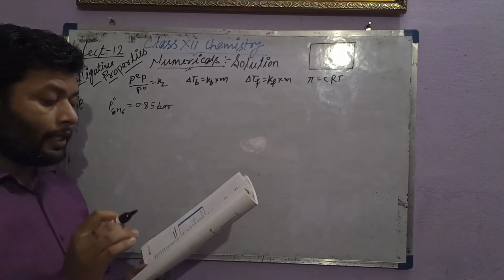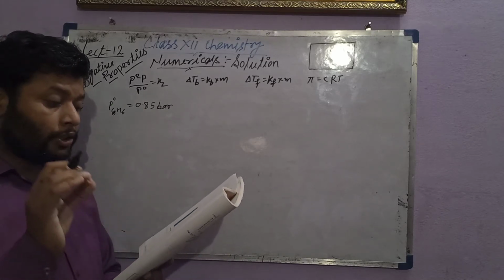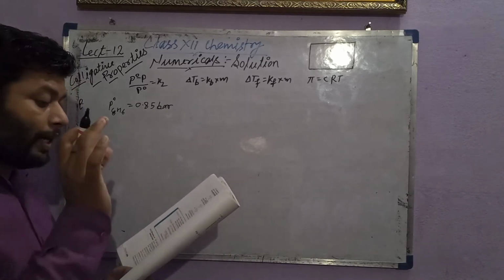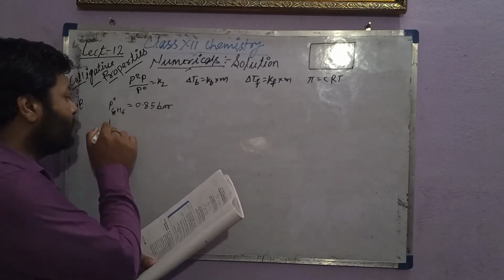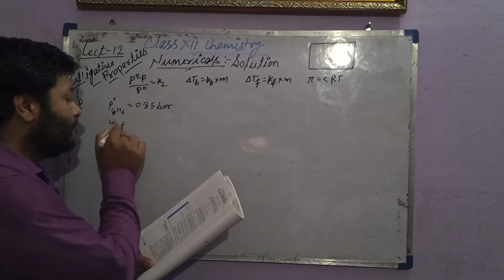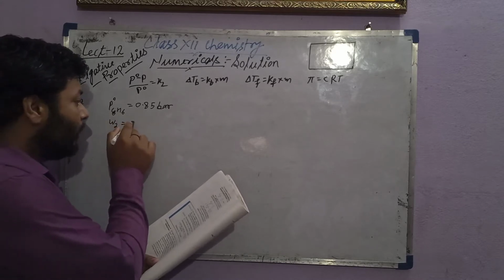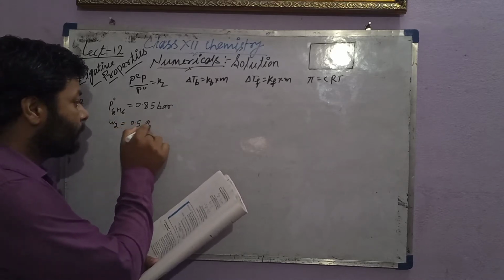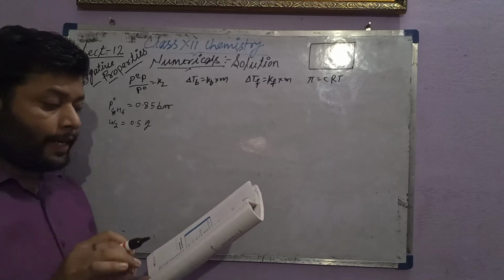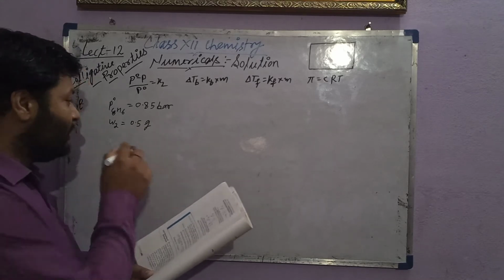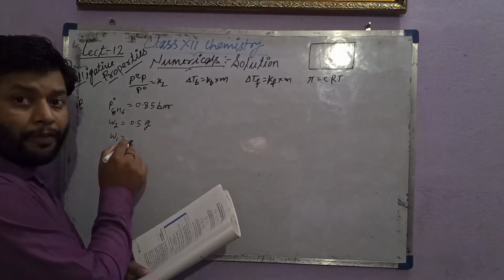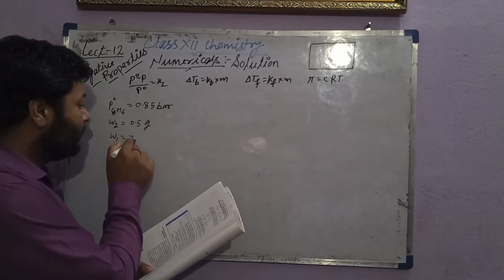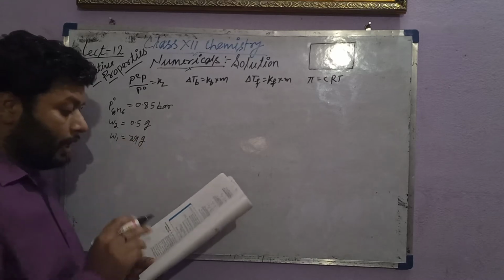A non-volatile, non-electrolyte solid weighing 0.5 gram, meaning the weight of the solute, which is always indicated by W2, is 0.5 gram, is added to 39 gram of benzene. Benzene is the solvent, denoted by W1, and that is 39 gram.